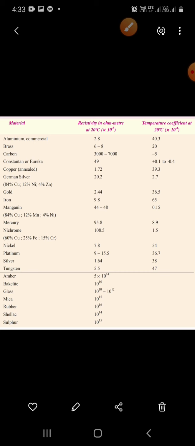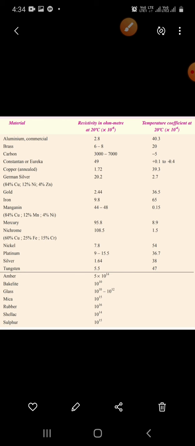The value of resistivity and temperature coefficient will vary for various materials, and if the temperature is changed, then the resistance we calculate also depends upon the temperature.